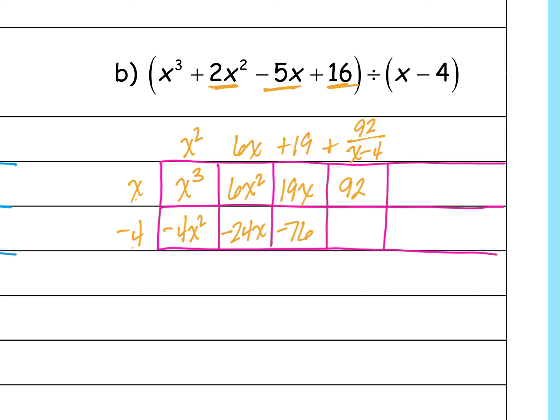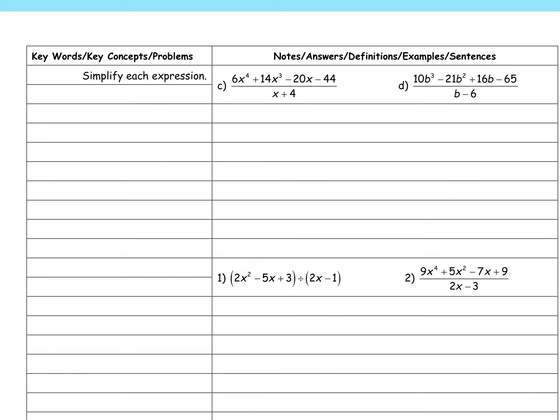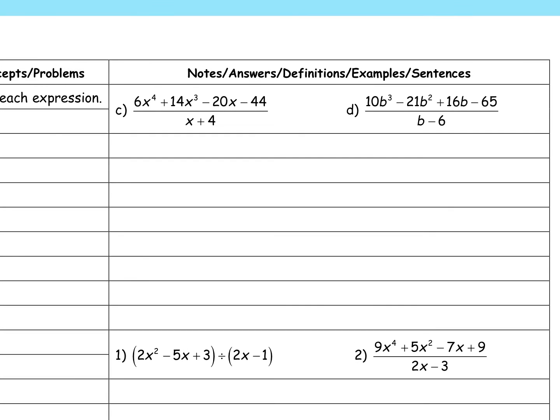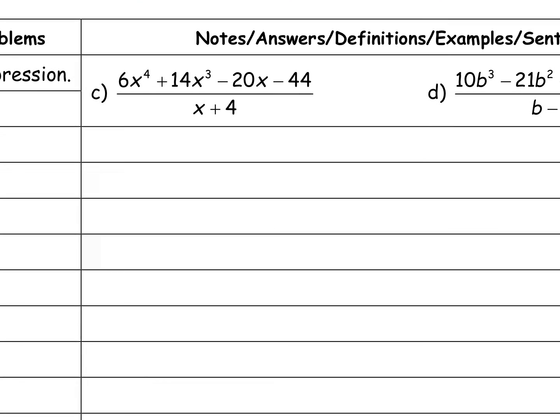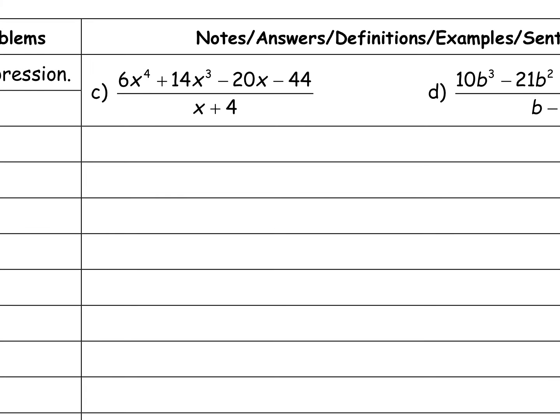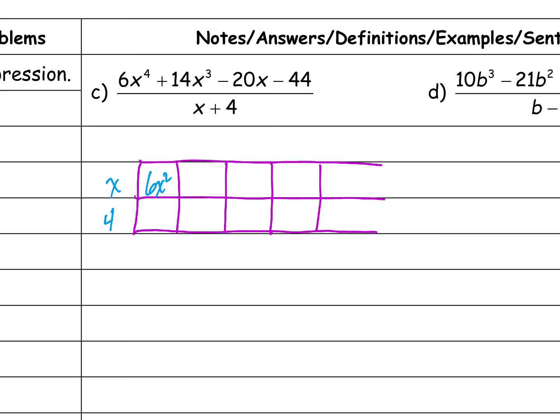Are we on a new page now? Oh, and you have C and D, so there's C and D. Okay, here we go. So here's my little box. That should be to the fourth.